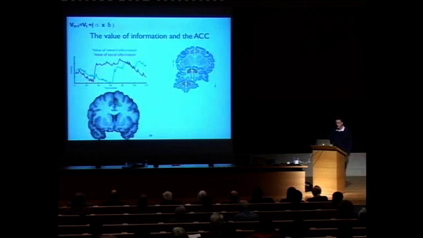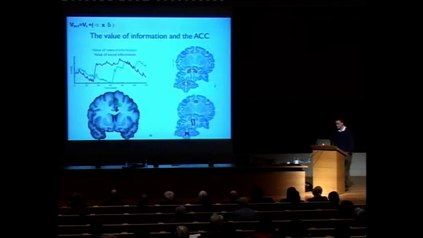And then we can do the corollary in the social domain, and we can look for a signal which looks like this, the value of social information. And when we do that, we see a signal in the gyral portion of the anterior cingulate cortex. And again, this looks really rather similar to the lesion which was in the gyral portion of the anterior cingulate cortex, which prevented an animal from paying to look at another animal, essentially.